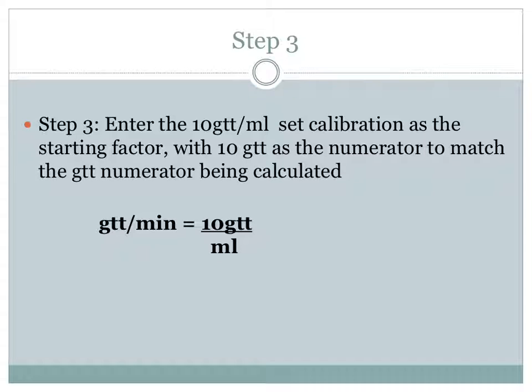In looking at step 3, know that we provided the information in the order for a 10 drop milliliter macro set calibration as our starting factor. That means that we will put 10 drops as the numerator here to match the drop numerator being calculated.